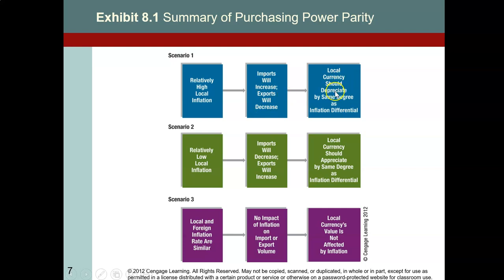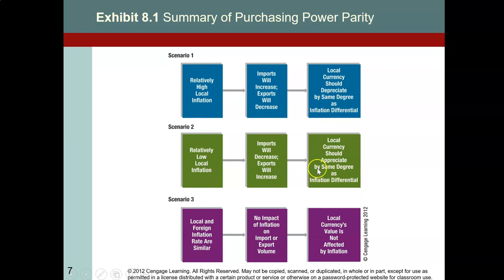Local currency should depreciate by the same degree as the inflation differential. Scenario 2, when we have relatively low local inflation, imports will decrease, exports will increase. Local currency should appreciate by the same degree as the inflation differential.